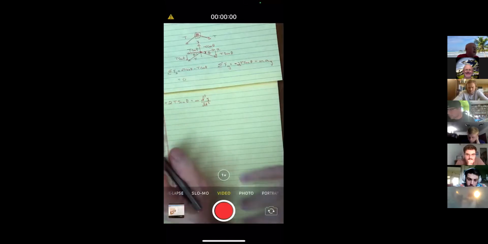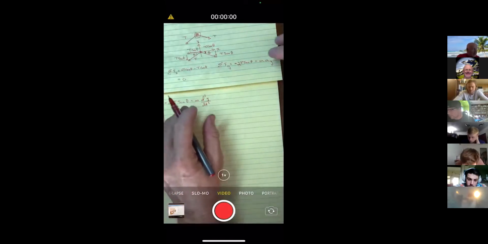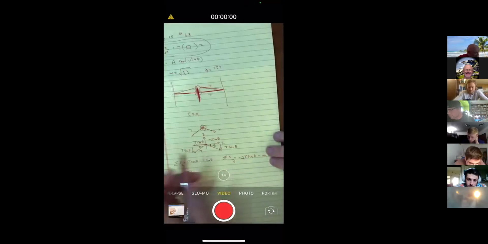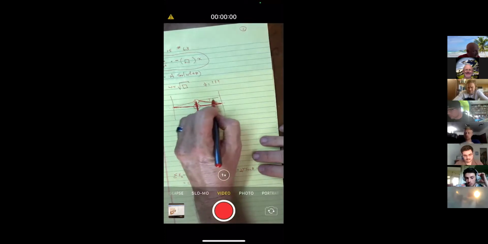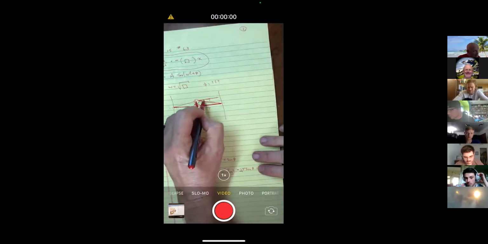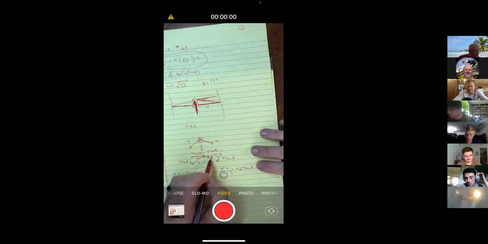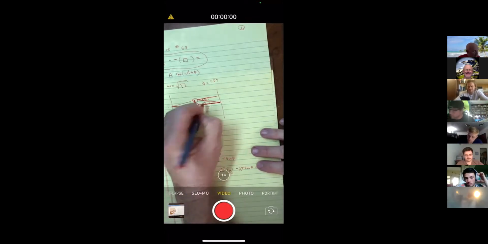And I think I can, because coming back to this angle and back to this picture, I was calling this theta, that's what I put here, but that would be the same as this theta.